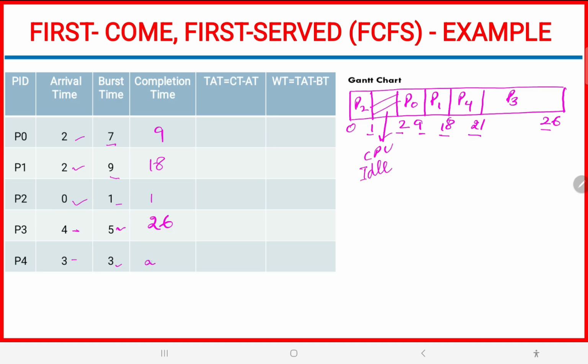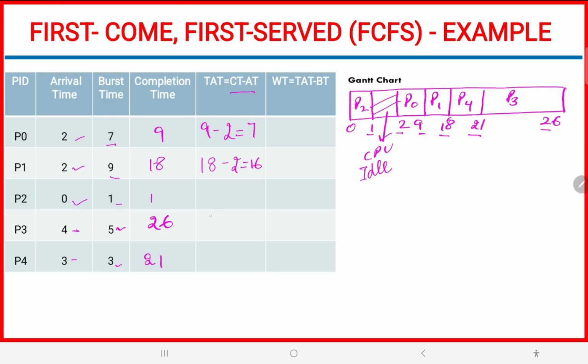Accordingly, we can now calculate the turnaround time, and turnaround time is completion time minus arrival time. Completion time is 9 for P0 and arrival time is 2. So 9 minus 2 comes out to be 7. Then for P1 it is 18 minus 2, which comes out to be 16.